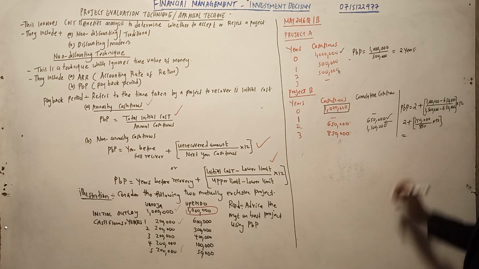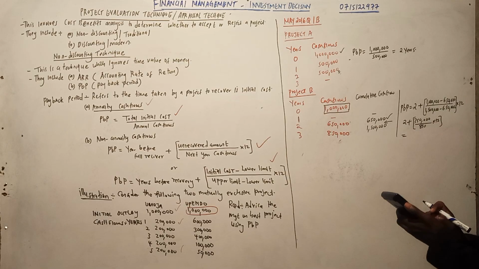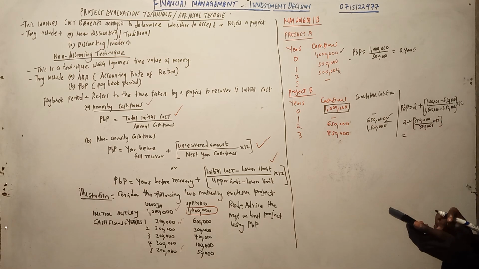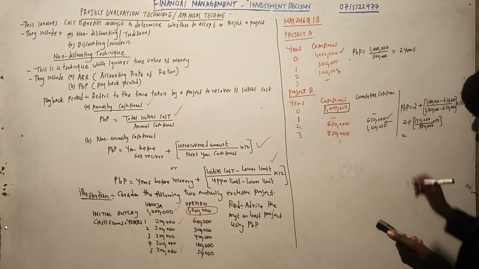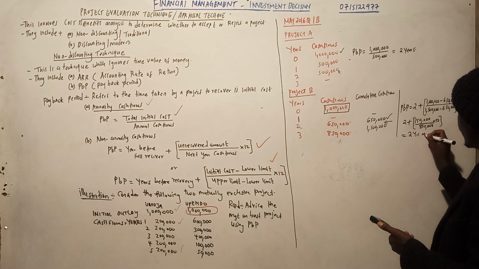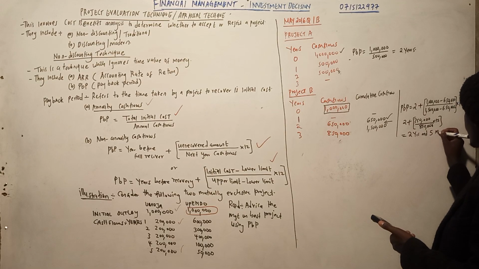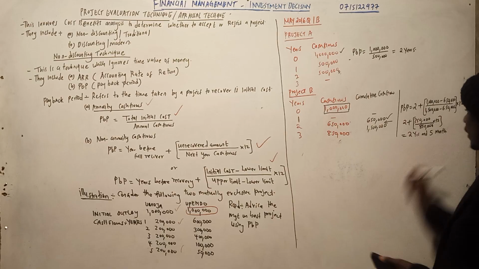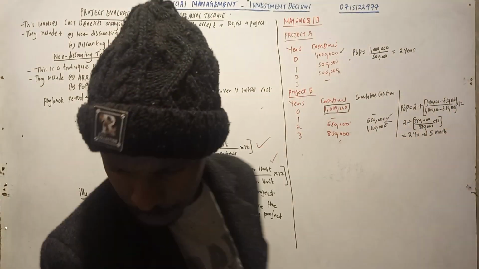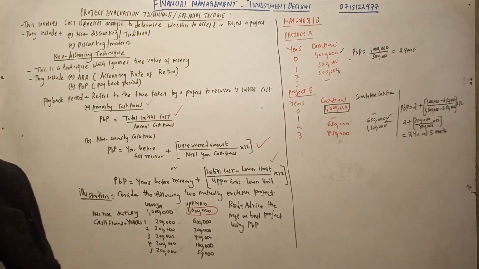So 350,000 divided by 850,000 times 12. This is 2 years and 5 months. So that's Project B. Project C.